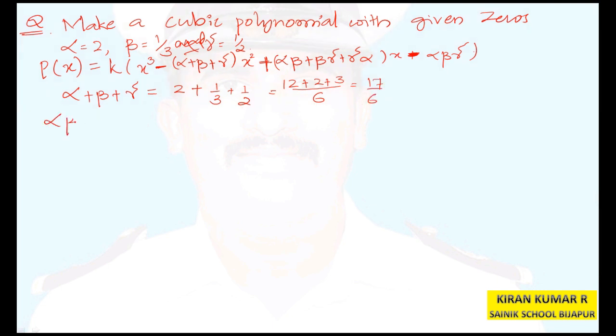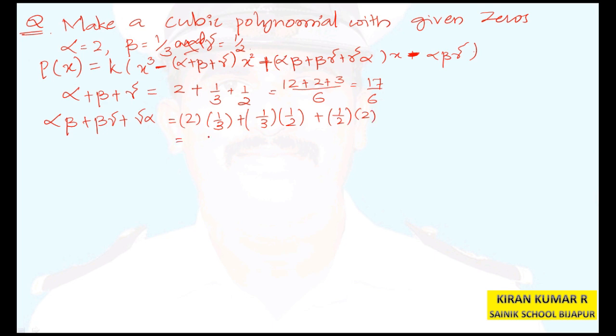Sum of two zeros taken at a time, alpha beta plus beta gamma plus alpha gamma. This will be 2 times 1 by 3 plus 1 by 3 times 1 by 2 plus 1 by 2 times 2.